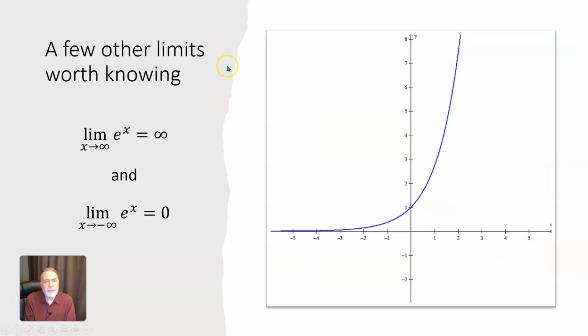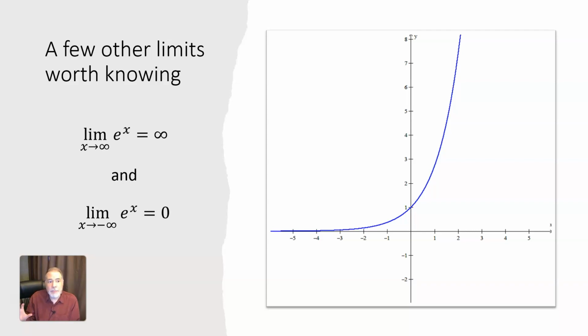A few other limits worth knowing. The limit as x approaches infinity of e to the x is infinity, and the limit as x approaches negative infinity of e to the x is 0. Now, the function e to the x always gives you a positive value, no matter what x is.